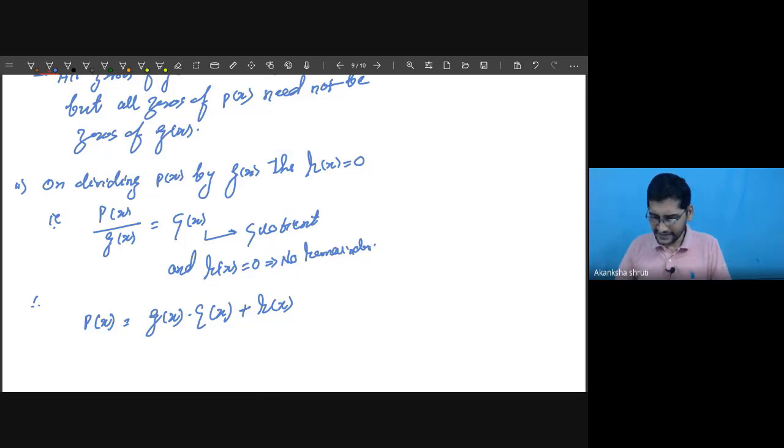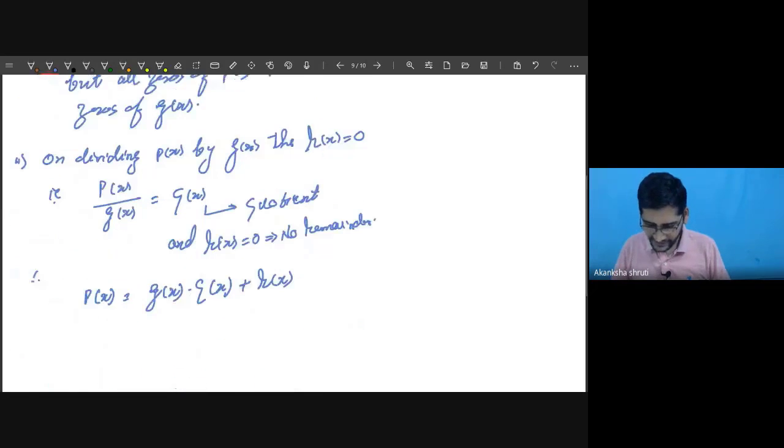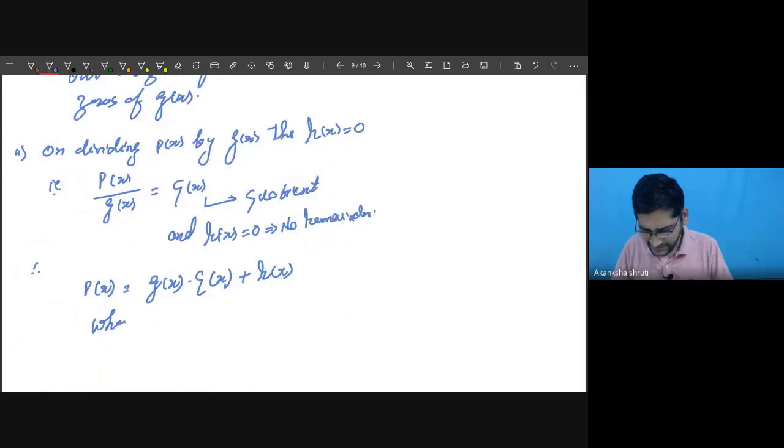It is exactly the same. So for g(x) to be a factor of p(x), it means your remainder r(x) is 0.